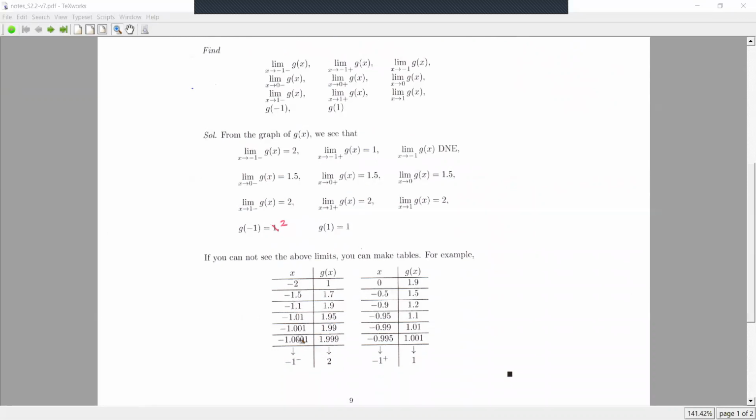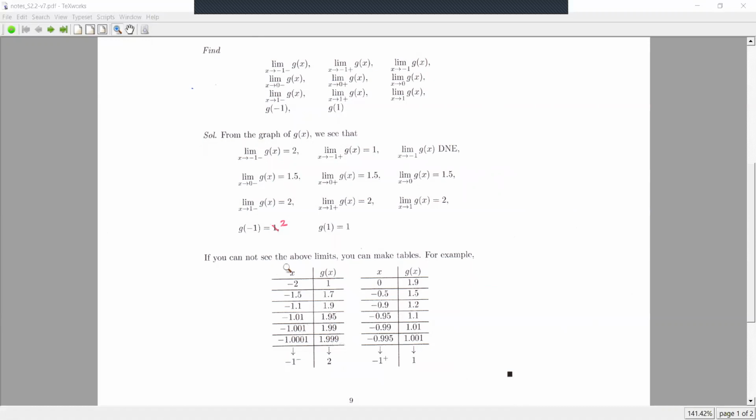Similarly, to tell the function values at the other points, when x is -1.01, I guess the function value is 1.95. When x is -1.001, the function value is 1.99. When x is -1.0001, the function value is 1.999.